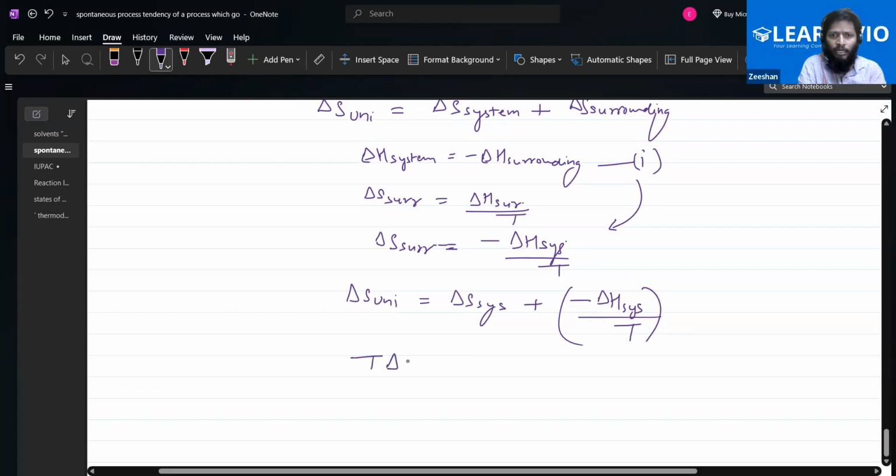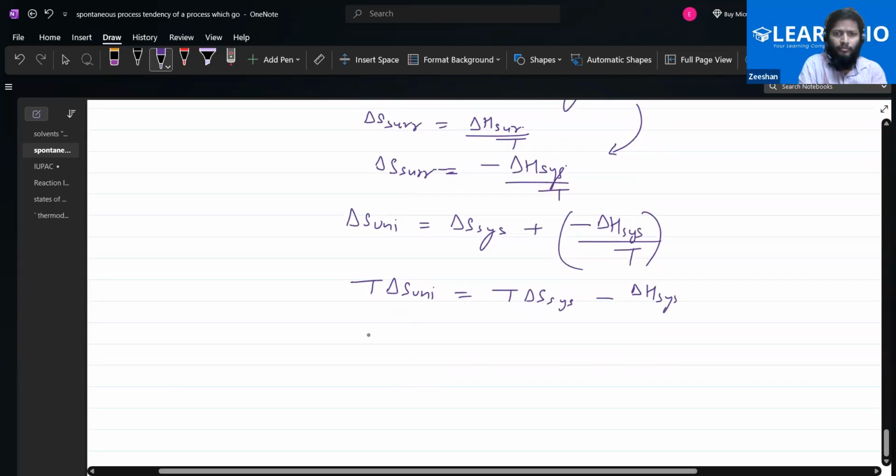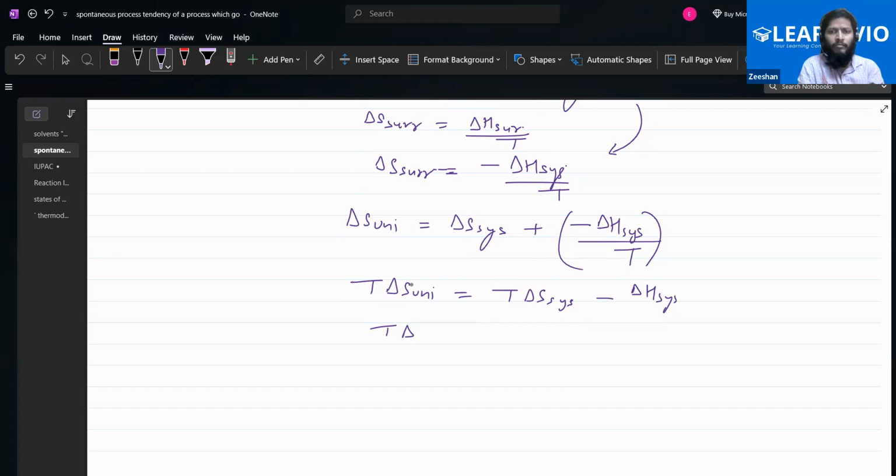So T delta S of universe is equal to T delta S of system minus delta H of system, right? What we have done is multiplied T with every term. Okay.